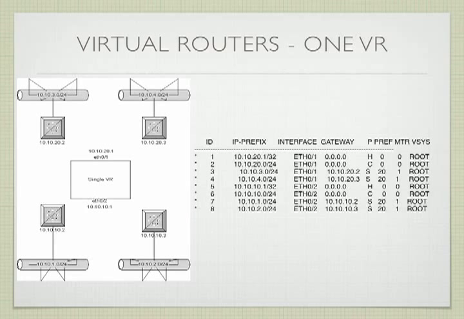We see our two connected routes for the host and the connected network on Ethernet 0/2, and we see the two subnets on the bottom that are behind our routers at 10.10.2 and 10.10.3. So this is what happens on a simple network, single virtual router, and the routing table that would be created for using static routes to reach each of these devices.